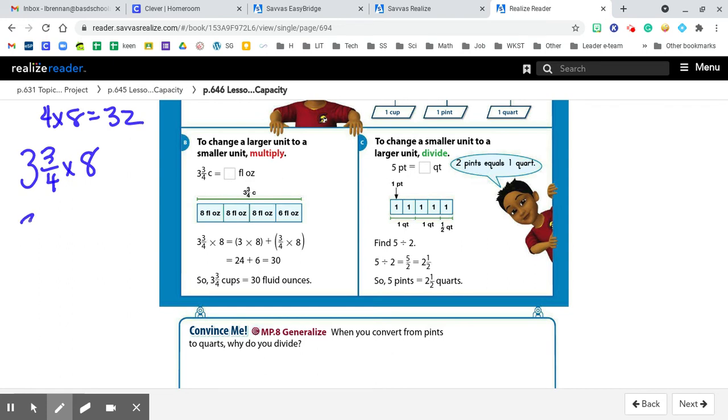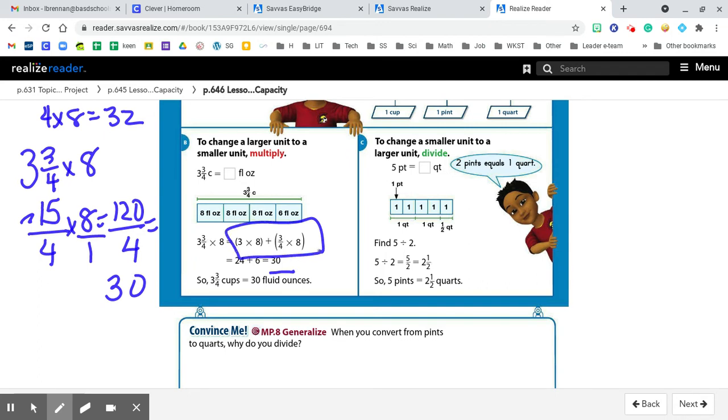And you can turn your mixed numbers into improper fractions. So we have 15 times 8 is going to equal 120 divided by 4, which is going to equal 30. And that's what we're doing over here. And it doesn't look like it, but that's what's happening.